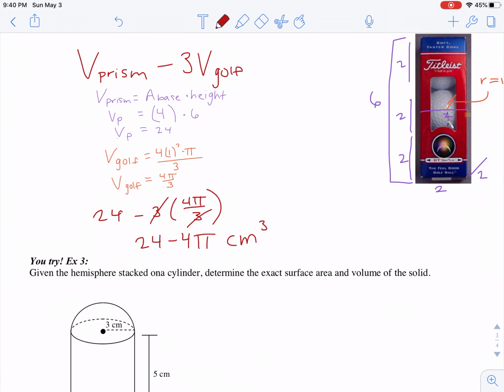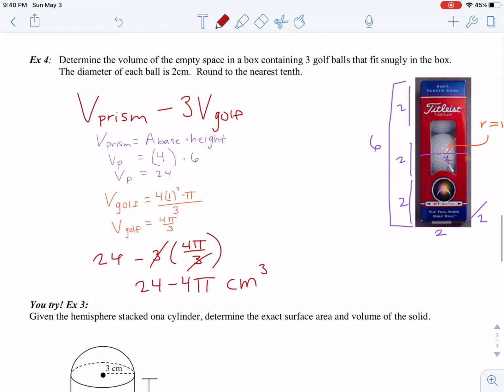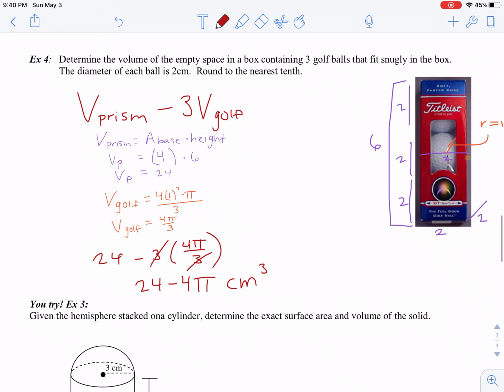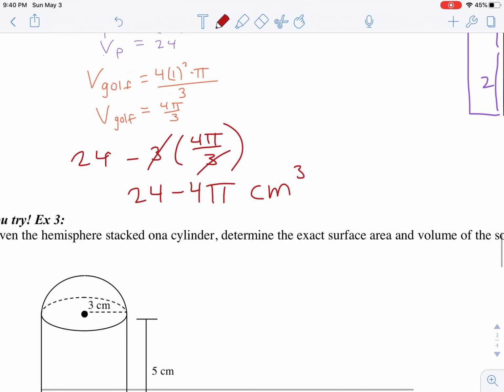However, this asks us for the approximate volume, rounded to the nearest tenth. This is a rounded value, so that's approximately 11.4 centimeters cubed.